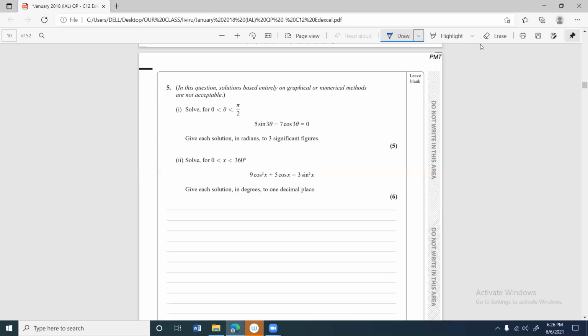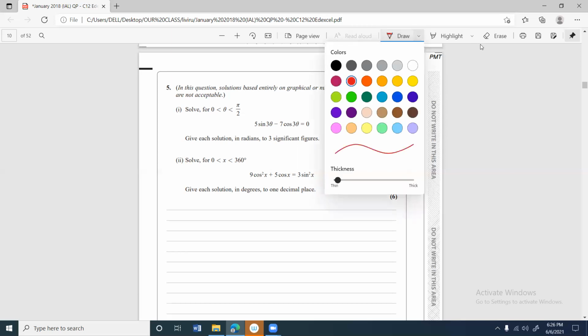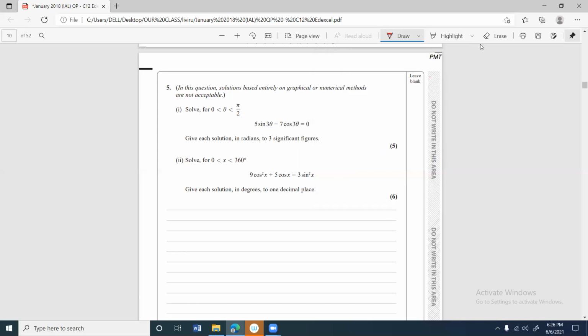Initially, now we can come up with the formulas we know in trigonometry in our curriculum. The first formula we need is sine theta divided by cos theta equals tan theta. The other formula we know is sine squared theta plus cos squared theta equals 1. These are the two formulas we know for the moment, right? Okay.